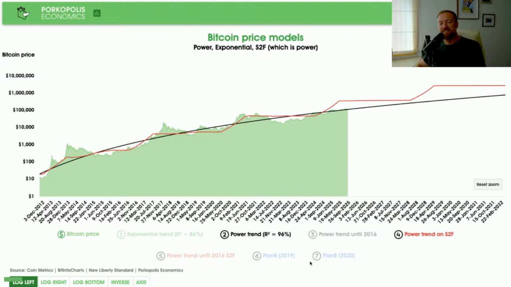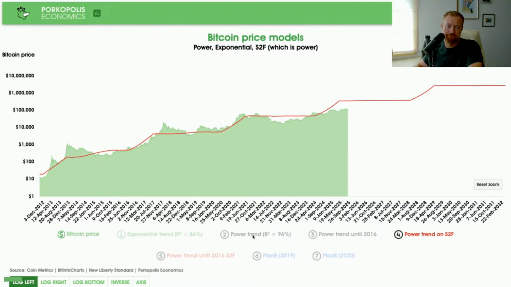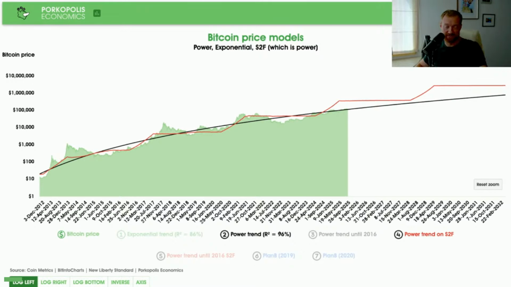Let's go ahead and look at the 2016 trends for these precise coefficients, for their curves, for their methodologies. One is a power trend on the stock to flow of Bitcoin. One is a power trend on the days of Bitcoin since the Genesis block. Let's go to 2016 and see where they look.